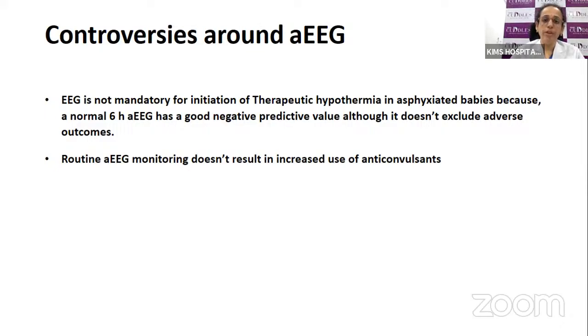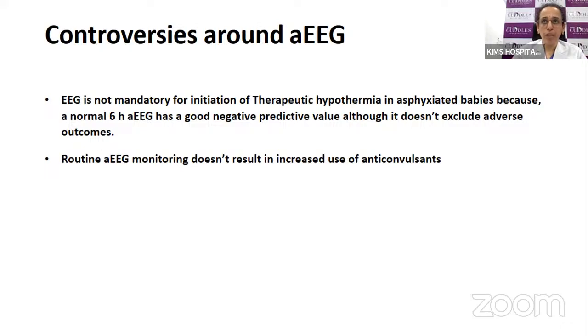So when we are initiating therapeutic hypothermia for asphyxiated babies, we don't wait until the EEG is done and the electrographic seizures are documented, because a normal amplitude integrated EEG at 6 hours of life has a good negative predictive value, although it does not exclude adverse outcomes in the future.